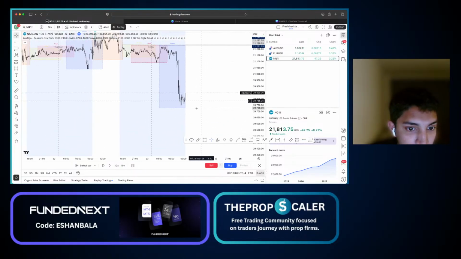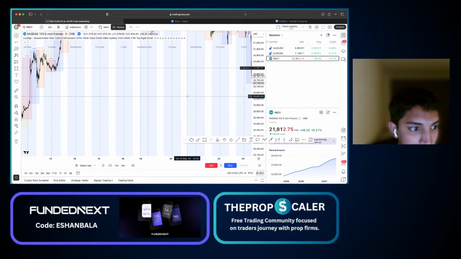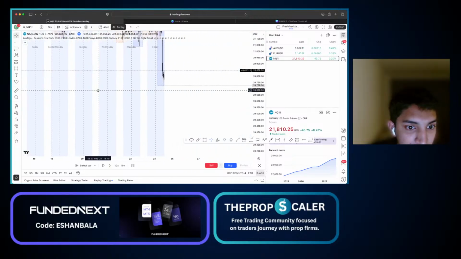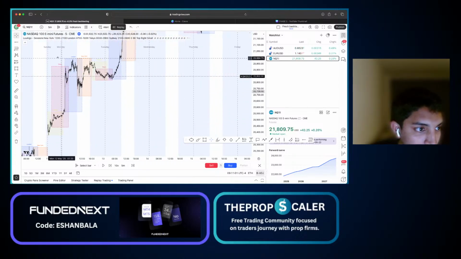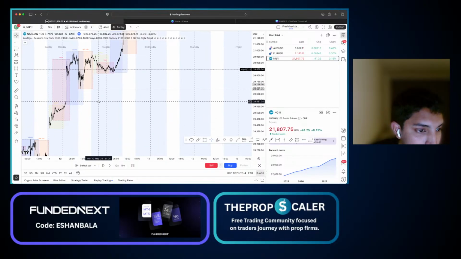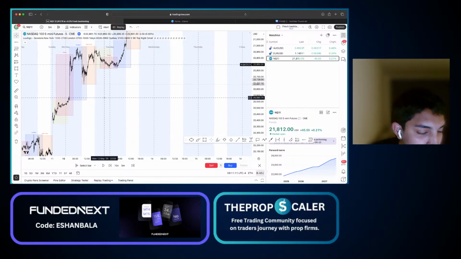So can we see any areas below London low that could be of interest? Got this V shape here. I'm going to mark that out. There are no real other areas to test.